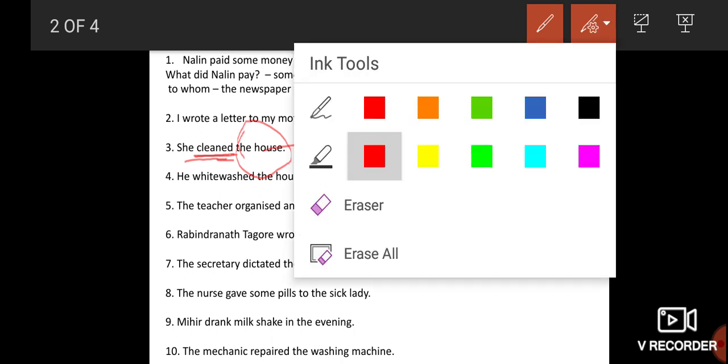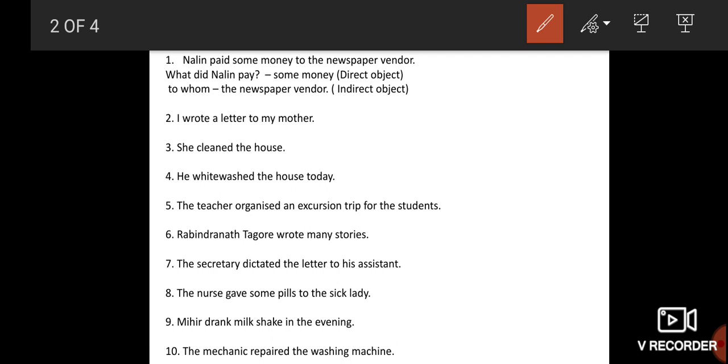Fourth sentence is: he whitewashed the house today. He whitewashed, you have to underline this. This is a transitive verb. And what did he whitewash? A house. A house you have to circle. This is direct object.